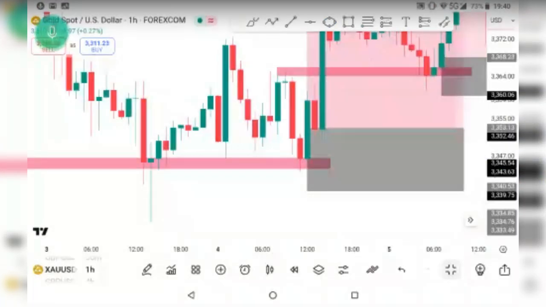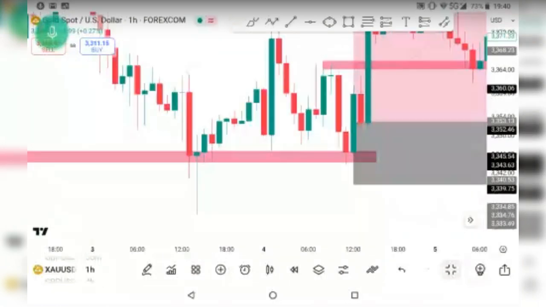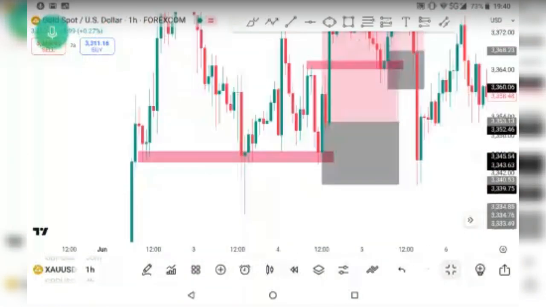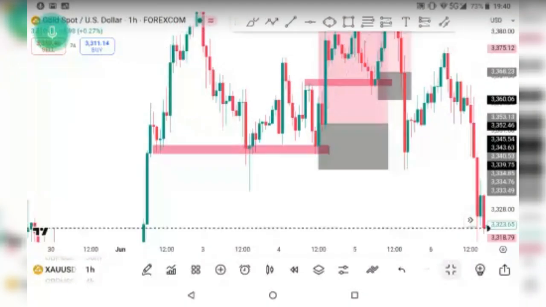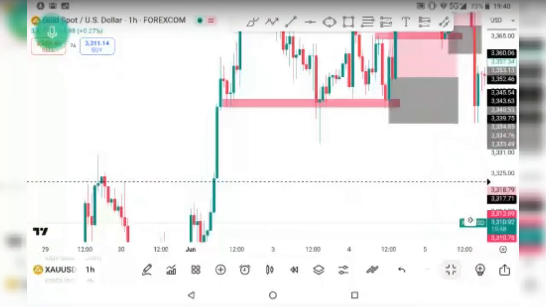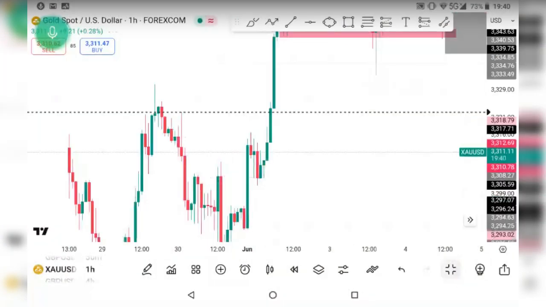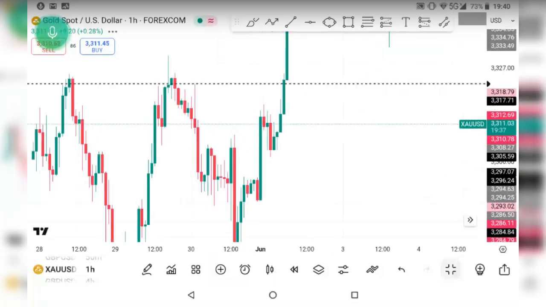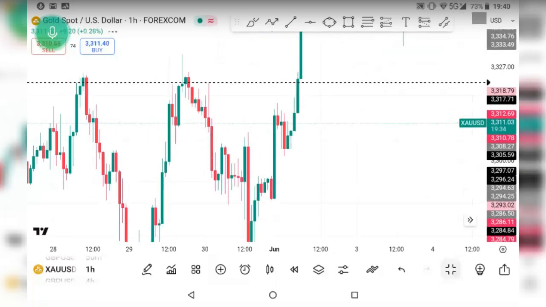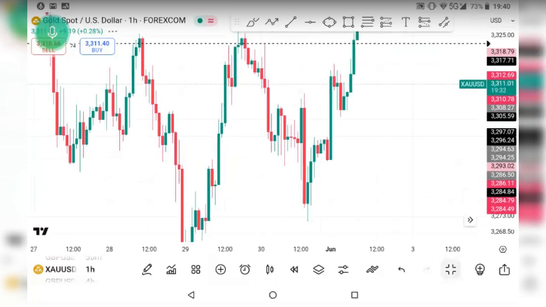So let's look for one last bullish engulfing, then we'll proceed to the next confirmation pattern. Note the bullish engulfing is used for buying.